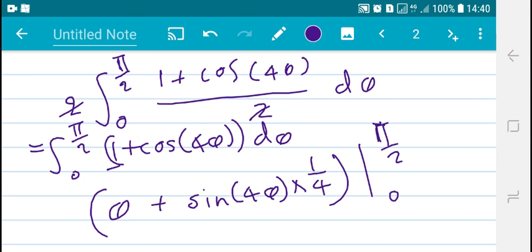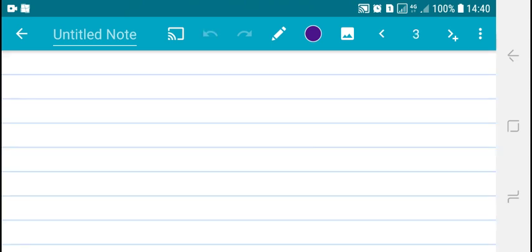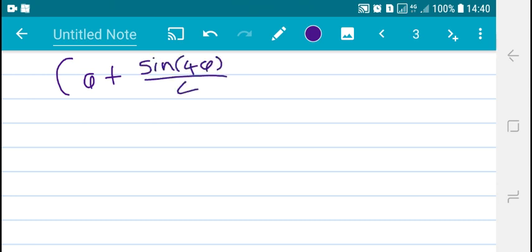Now, continuing on the next page, let me write this whole thing out again: theta plus sine of 4 theta over 4, from 0 to pi over 2. Now we substitute the upper limit of integration, which is pi over 2, and subtract the lower limit of integration, which is 0.